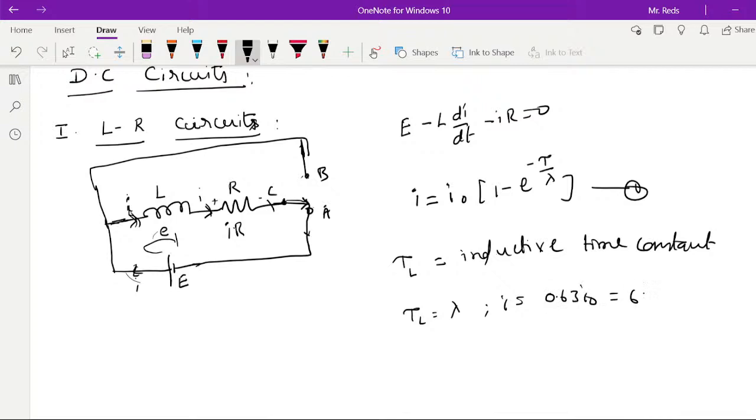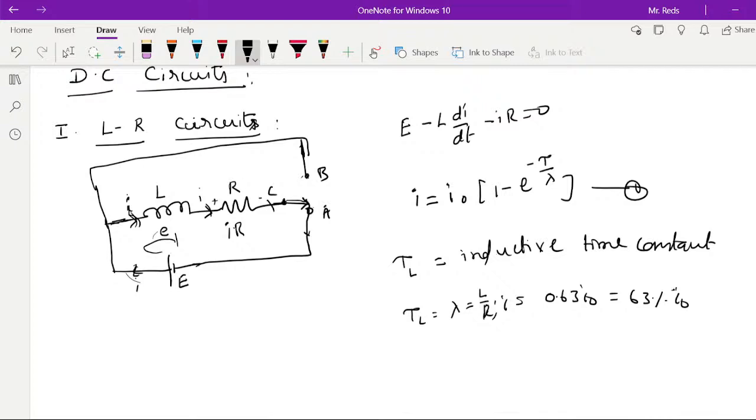This lambda can also be called the decay constant, or here the growth constant, and for LR circuits it is L by R. So the inductive time constant is L by R. When tau is L by R, the current becomes 63% of the maximum current.